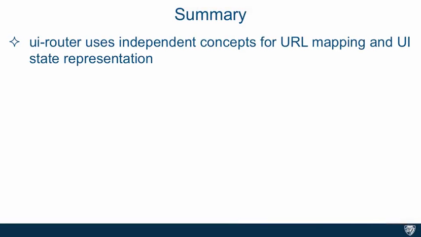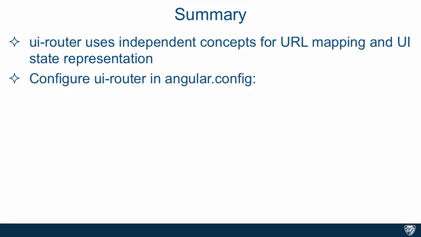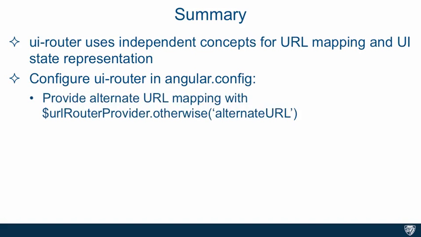Okay, so let's summarize. UI Router uses independent concepts for URL mapping and UI state representation, and therefore you can really think of those two things as two subsystems that exist inside the UI Router package. Now, the way you configure UI Router in angular.config is first by providing an alternate URL mapping with the urlRouterProvider service with the method otherwise, providing some other URL.